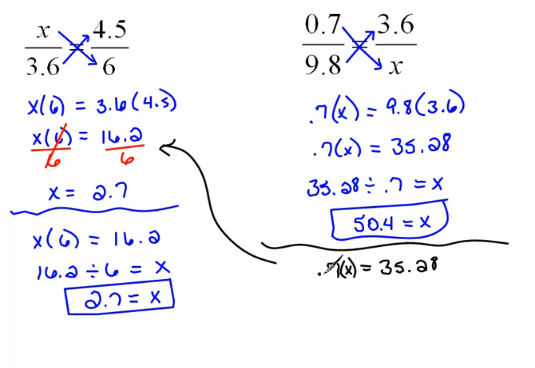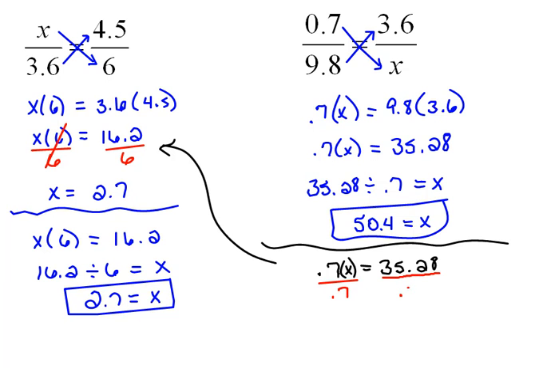Right now, we have 0.7 times x. In order to figure out what this is, we need it to be alone. So the way that we get rid of this 0.7 that's with it is to do the opposite. The opposite of multiplying by 0.7 would be to divide by 0.7.